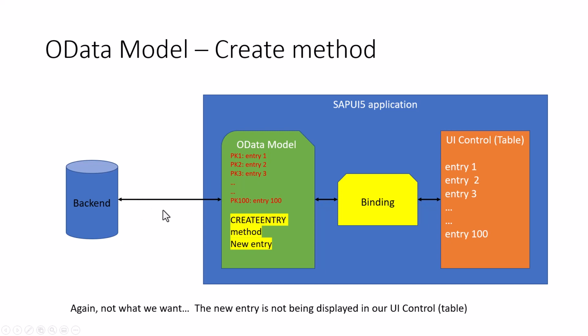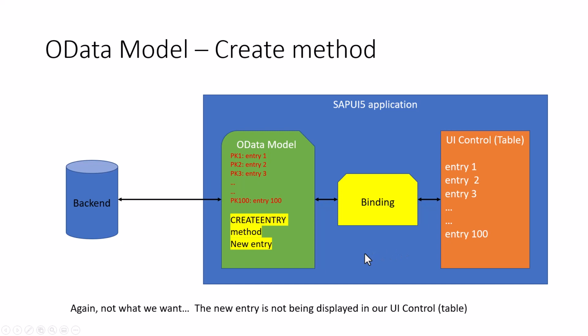So this looks promising to us, but there's also another drawback. This new entry that gets created in this OData model is not displayed on the UI control. So even though this method creates a new entry in the OData model, it does not display it on the UI control, in this case the table. So again, this is not going to work for us.